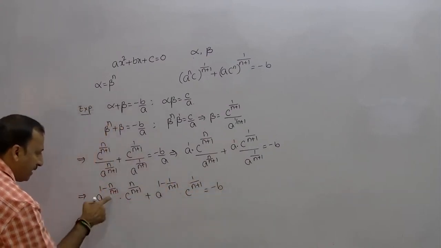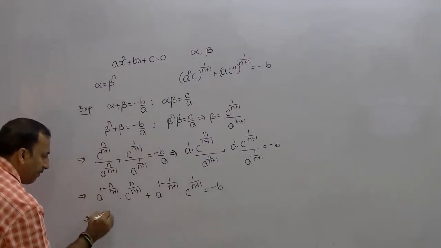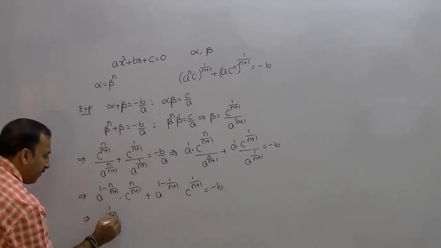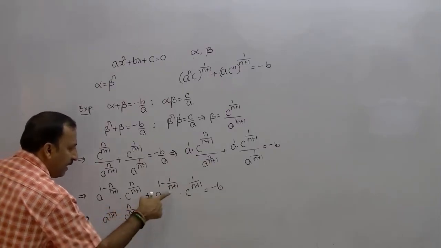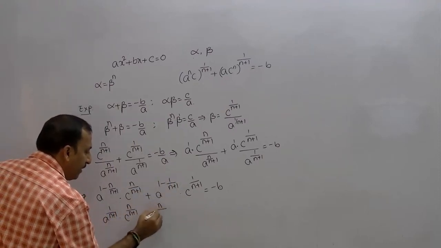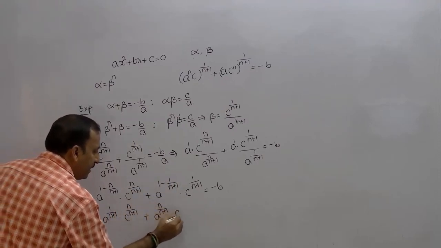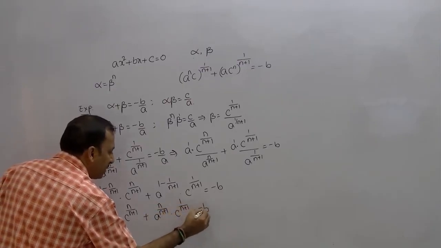If you take LCM in the power, n plus 1 minus n, so a to the power of 1 by n plus 1 into c to the power of n by n plus 1. Here n plus 1 minus 1, so a to the power of n by n plus 1, c to the power of 1 by n plus 1 is equal to minus b.